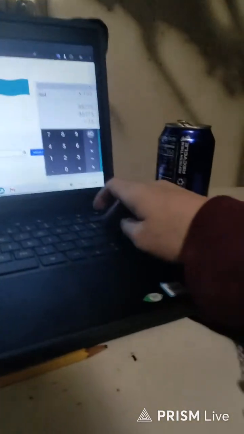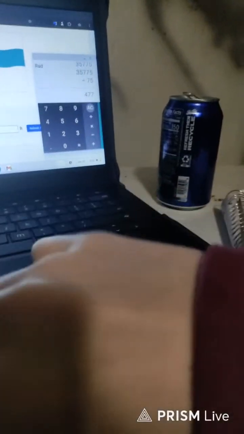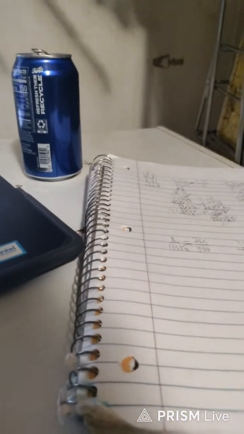Alright, we divide this by 75. Divide this by 75. So 35,775 divided by 75. That's 477. And so 0 is equal to 477 minus x.